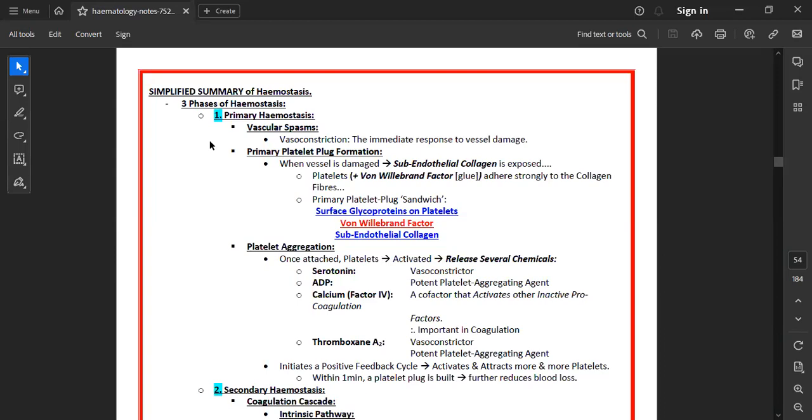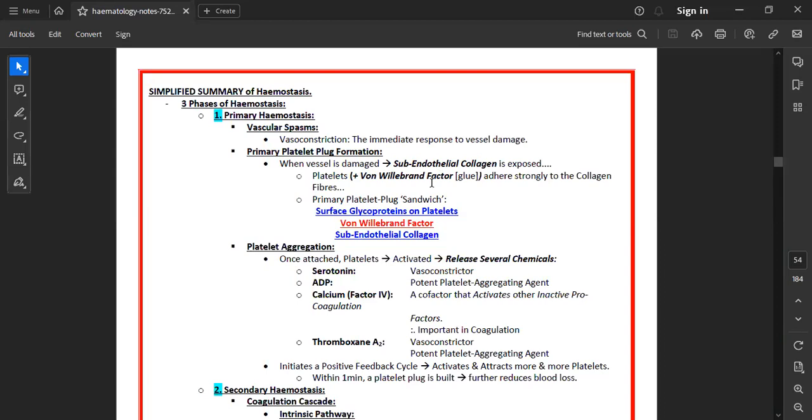Damage to the blood vessel exposes the subendothelial collagen. That's important to note. The second thing to note is that platelets have something called the von Willebrand factor on their surface. When you get the injury, the platelets migrate as blood flows to the injured site.